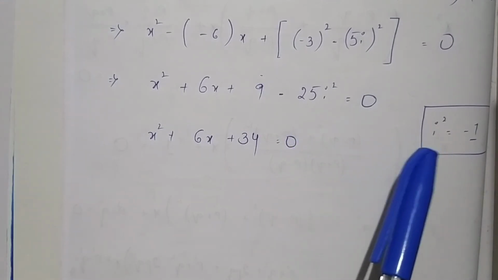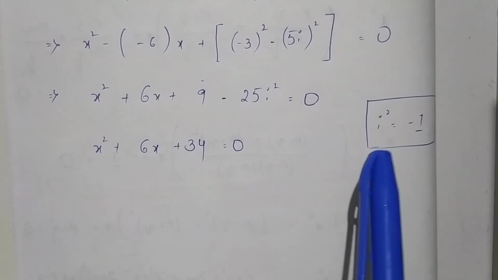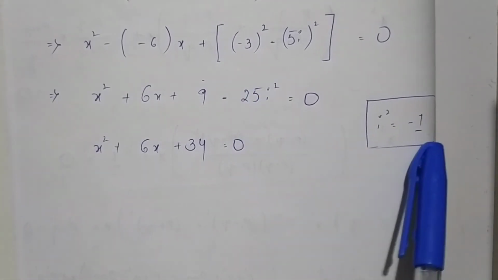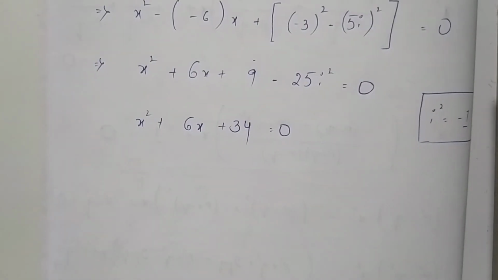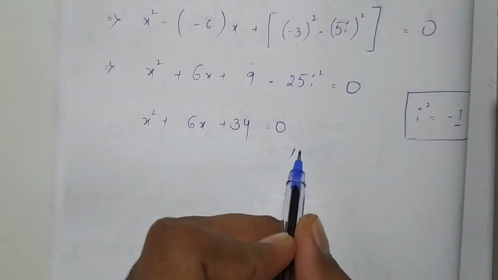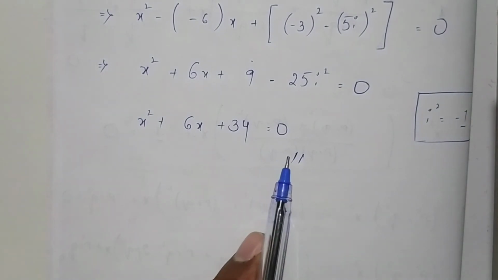The value of i square is equal to minus 1. So when we substitute i square equal to minus 1, we will get the final quadratic equation as x square plus 6x plus 34 is equal to 0.